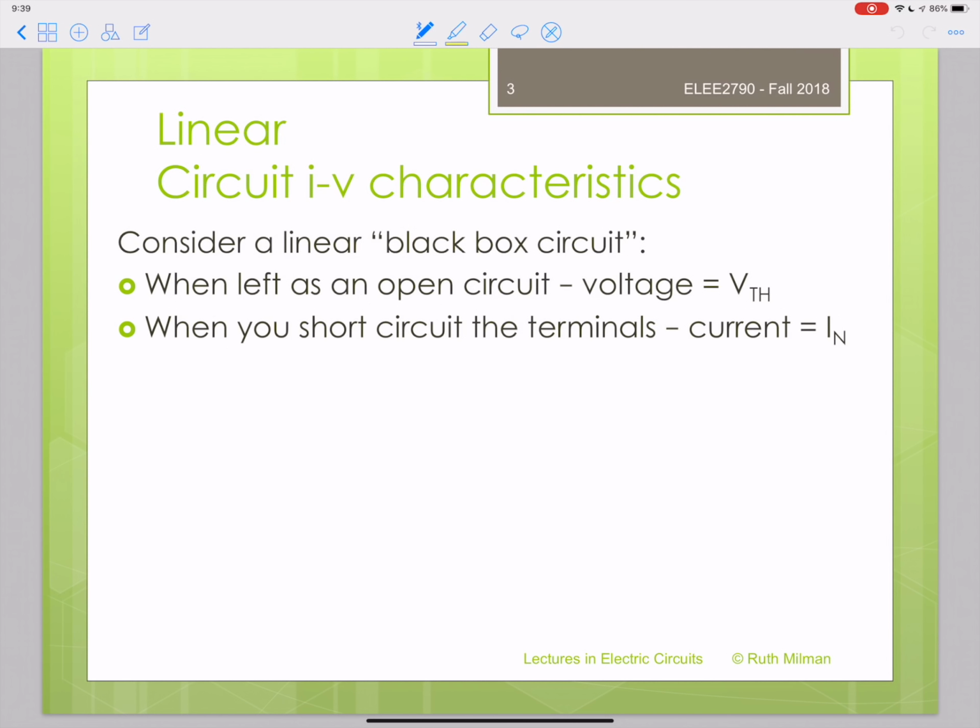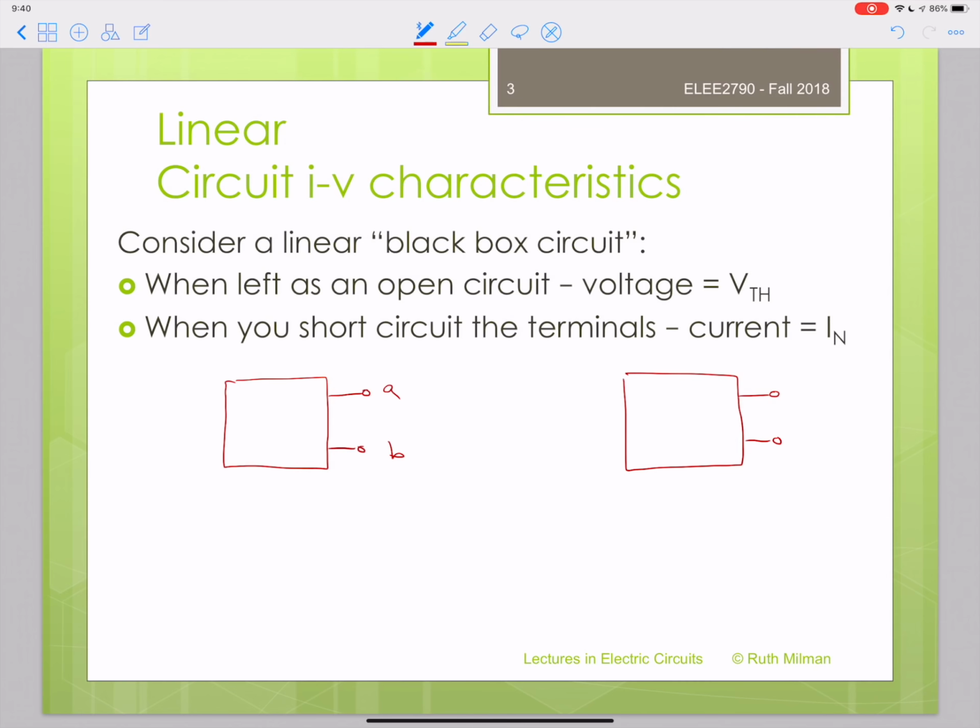As we start looking at our material today, we consider the linear circuit current voltage characteristics. Before we even think about diodes, transistors, or any other element, we recall that we start off with the concept of a black box, and in that black box we can always identify the circuit behavior. In this case, we have a black box with two nodes, A and B, and we give two copies because we have two standard ways of defining what's inside.